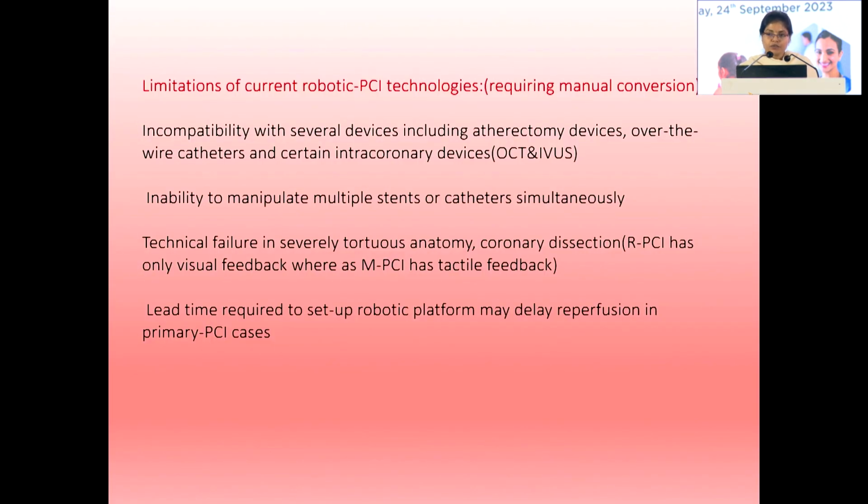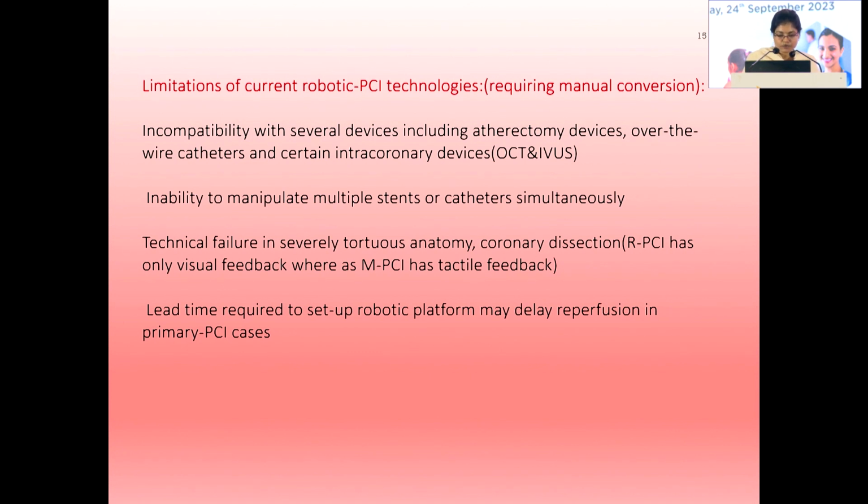But there are some limitations in the current robotic PCI technology, which requires manual conversion at some point of time. So it's incompatible with devices such as IVUS, ROTA, and OCT, and it is unable to manipulate multiple stents or catheters at the same time. So bifurcating lesions cannot yet be treated with robotic PCI.